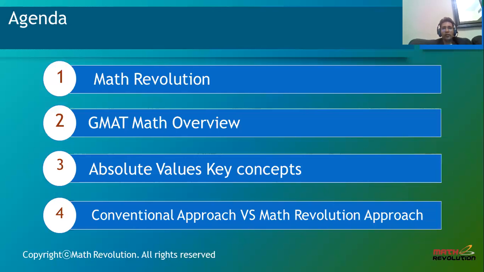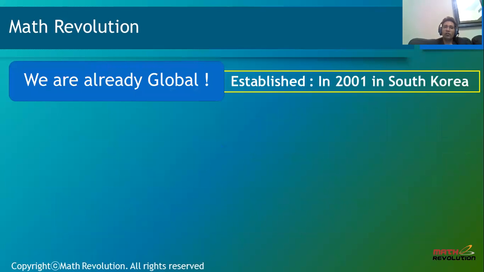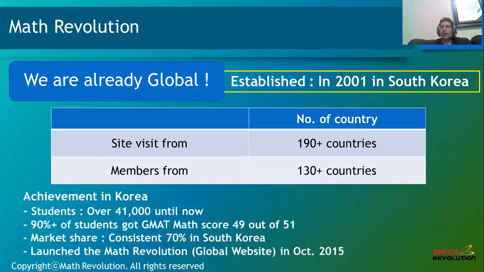We were established in 2001 in South Korea, having trained almost 41 plus thousand students, out of which 90 plus percent have scored 49 out of 51, which is a dreamy score for everyone, Q49. We get site visits from almost 200 countries, and we have members from 130 plus countries.